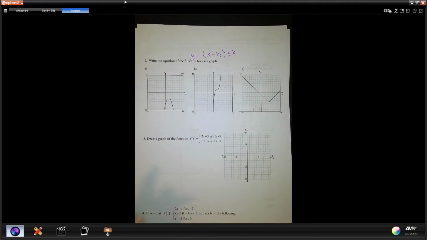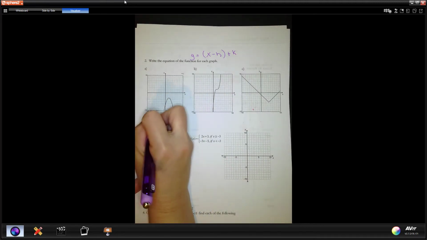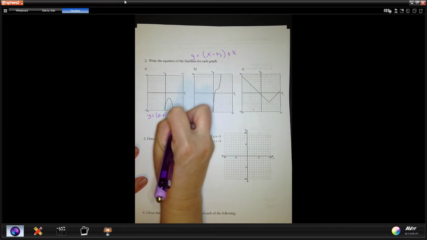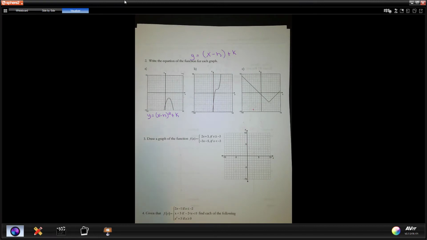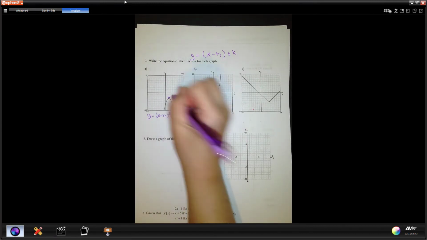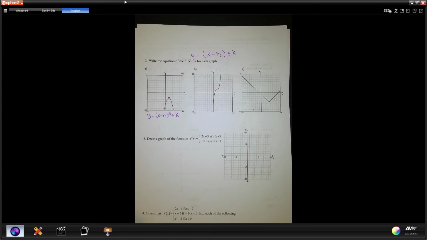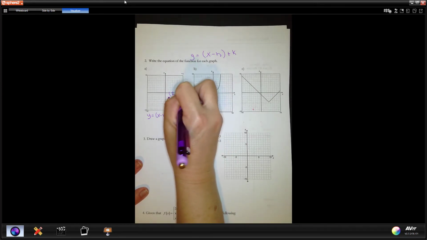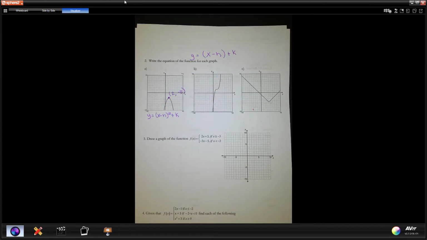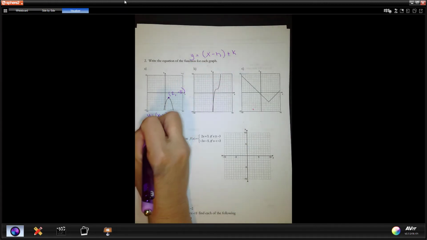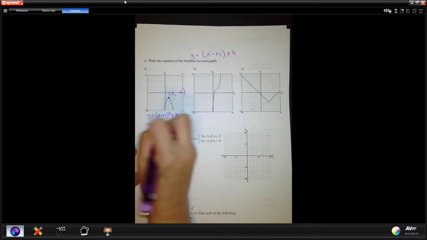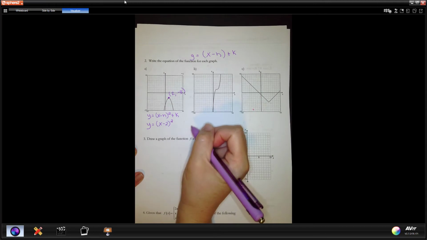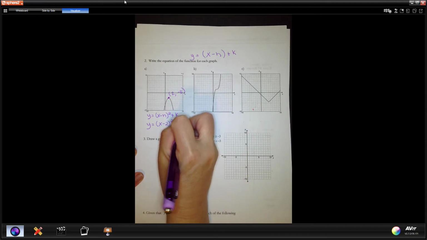Looking at this one, we know this is y equals x minus h quantity squared plus k, since it's a quadratic, and all we need to do is figure out that point. That point happens to be 2, -3. So we can plug that in and say our function is y equals x minus 2 quantity squared minus 3.